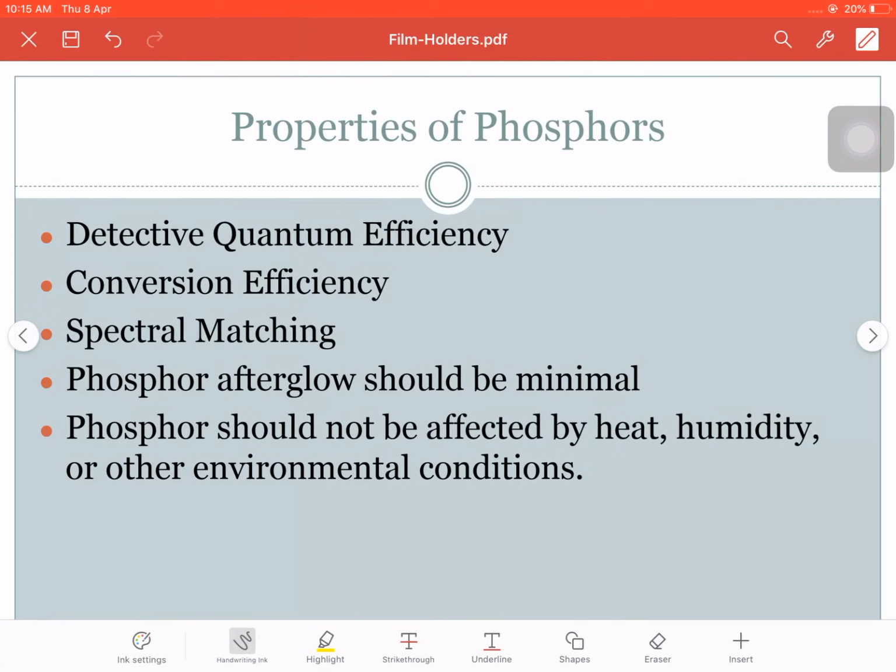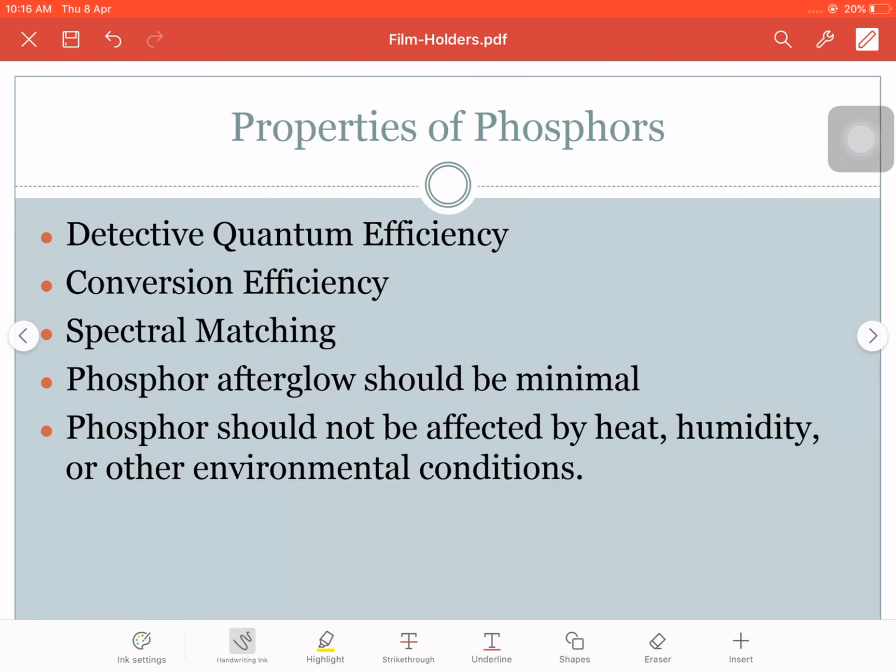Next is the conversion efficiency, where the phosphor should emit a large amount of light per X-ray absorbed. Next is spectral matching, where the light emitted must be of proper wavelength to match the sensitivity of the X-ray film. Then the phosphor afterglow should be minimal.